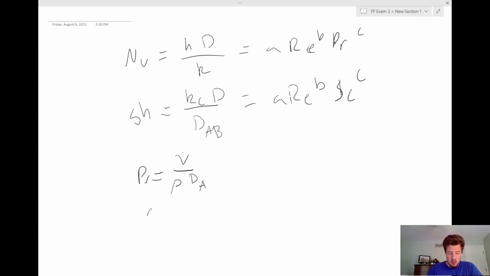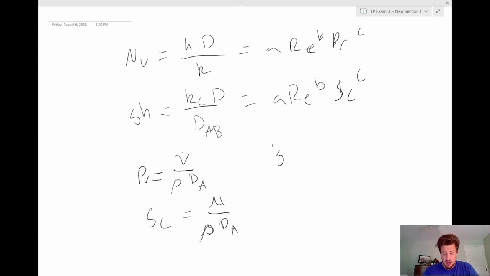And then we also have the Schmidt number, which is equal to the kinematic diffusivity divided by the density multiplied by the diffusivity coefficient.